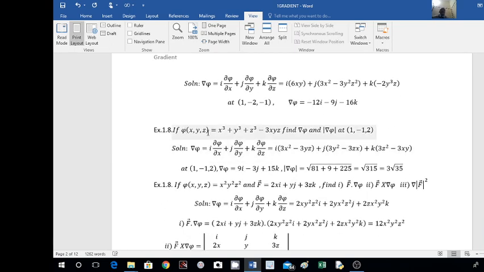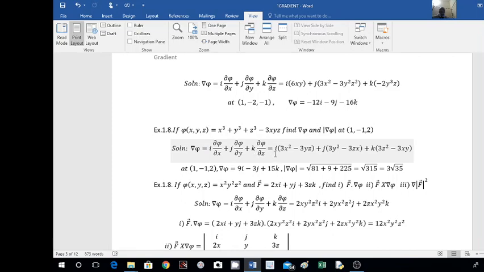If φ(x, y, z) is equal to x³ + y³ + z³ − 3xyz, find ∇φ and the magnitude of ∇φ at the point (1, −1, 2). Again, go to the definition. ∇φ is nothing but i ∂φ/∂x + j ∂φ/∂y + k ∂φ/∂z.